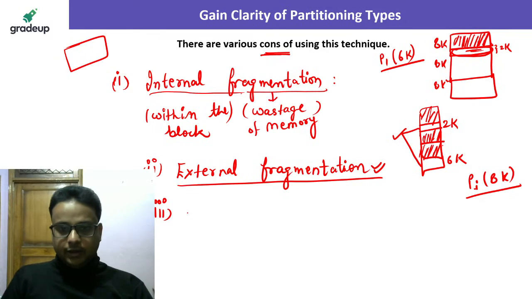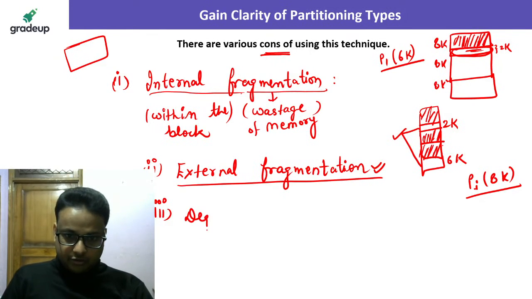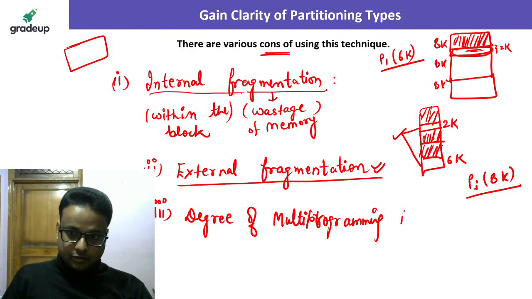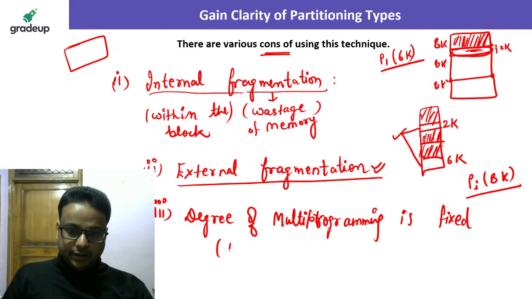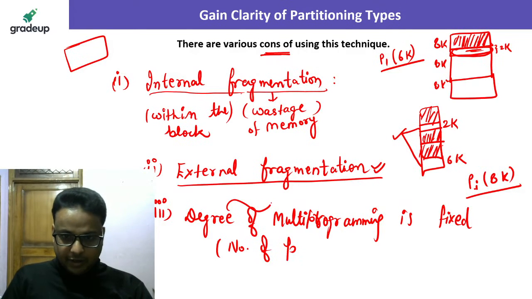Next, the degree of multi-programming is fixed. Fixed means equal to the number of partitions. What is the degree of multi-programming?